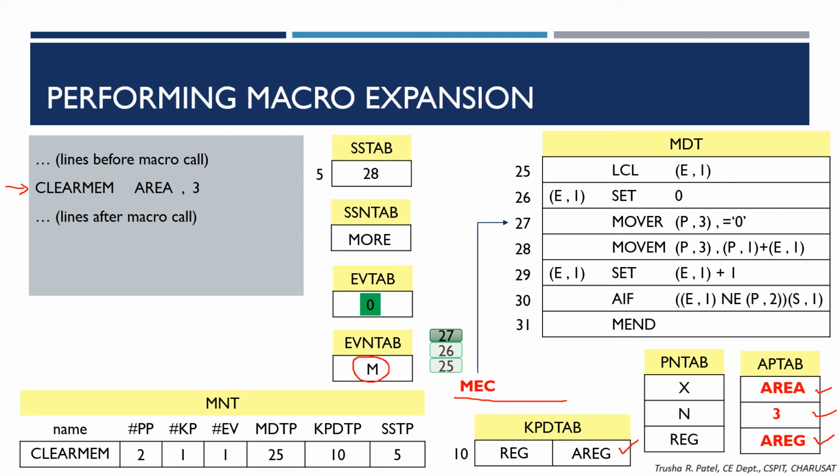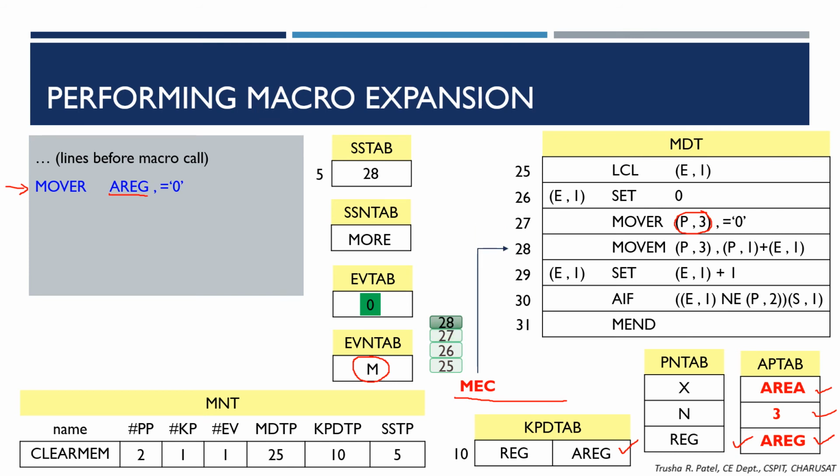Now here it is written MOVER parameter 3 comma equals literal 0. So the first statement will be inserted in place of the macro call, that is MOVER. Now parameter 3, we have to fetch from the actual parameters. So in the actual parameters, the third is AREG. So here it will place AREG, and the equals 0 literal will remain as it is.